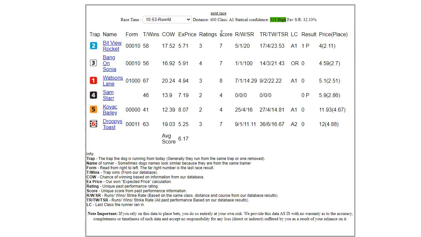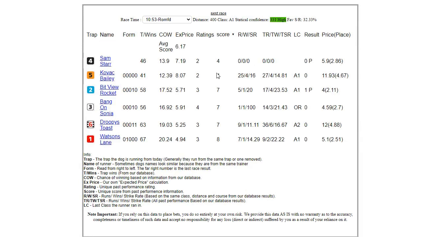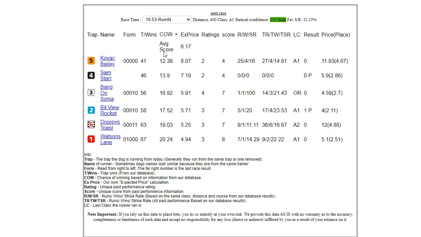So there's 7 in here. We go to score. We got 2 scores of 4. So let's have a look at the cow, chance of winning by the way. So Calvert Bailey is really our lowest one. The price is 11.93. We're not going to go for that. Now we could switch to Sam Star as well, because again it's exactly the same. 4-4, 2-2.